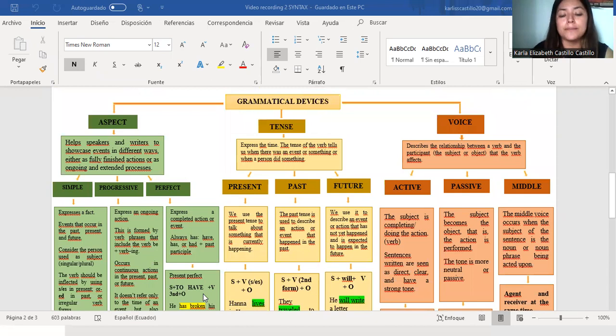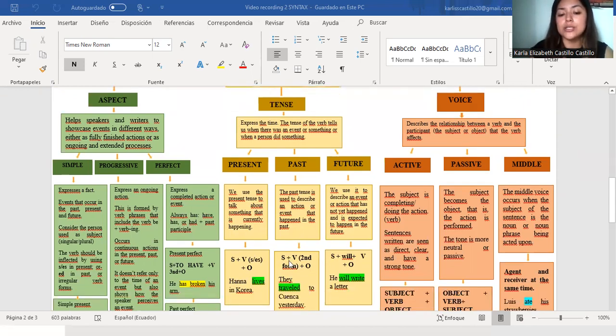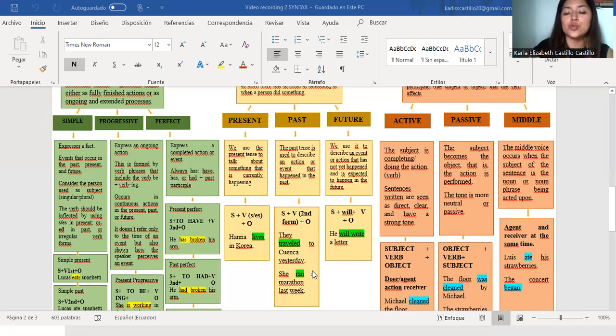Okay. The past tense is used to describe an action or event that happened in the past. The same form, I include the grammatical rule: subject plus verb in the second form and object. For example, they traveled to Cuenca yesterday and she ran a marathon last week.